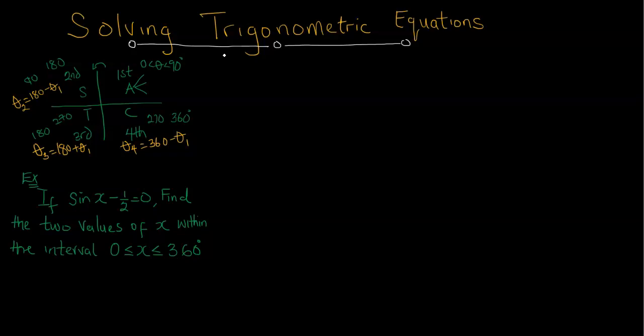Now, to solve this problem, we would focus on this equation. Sine x minus 1/2 is equal to 0. Of course, x is the angle we are asked to find. So we would take the negative 1/2 to the other side. This gives sine x equals 1/2.